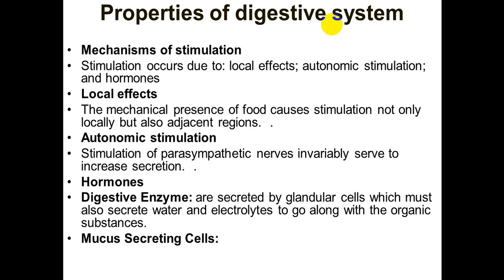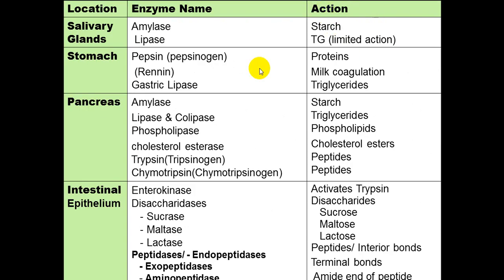Having covered the GIT properties, we come to the digestive enzymes of the GIT. This is the table showing locations, enzyme names, and actions. Salivary gland: amylase and lipase break starch, a large molecule, down to small molecules; lipase has limited action on triglycerides to monoglyceride, fatty acid, and glycerol.